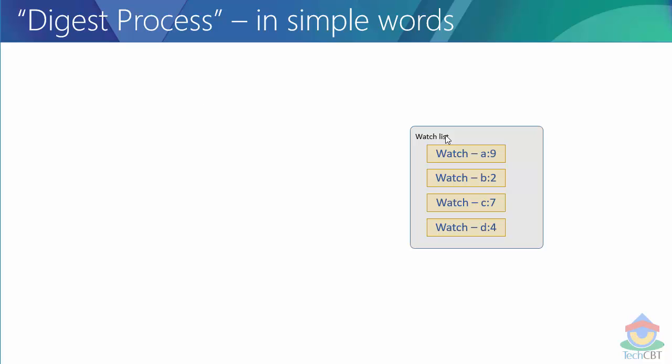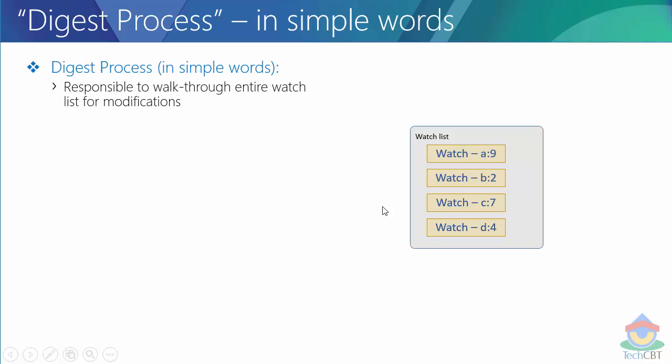We know that a watchlist contains a list of watches, which have all the scope variables and their respective values being tracked.